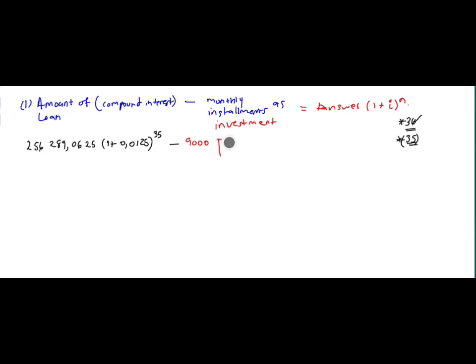So that's going to be 1 plus 0.0125 to the power n, which is still 35, minus 1 all over i, which is 0.0125. The answer there will be 3,735.45.